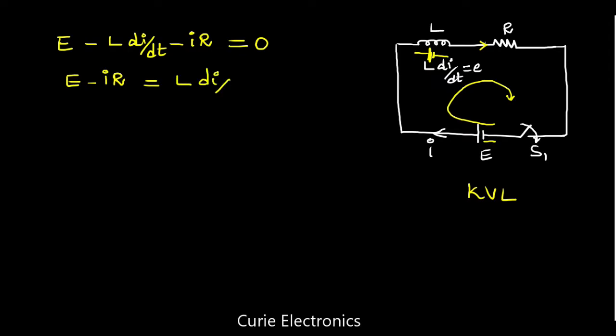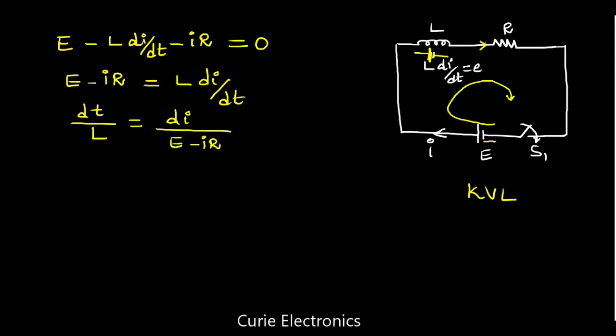Then dt upon L equals di in the numerator, cross multiplied, with E minus IR coming down.